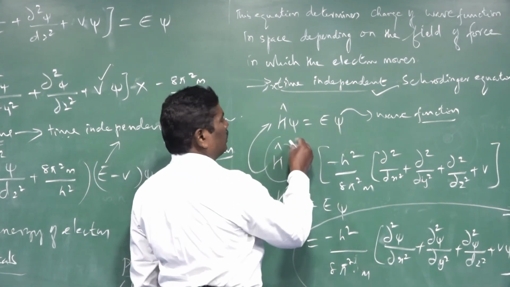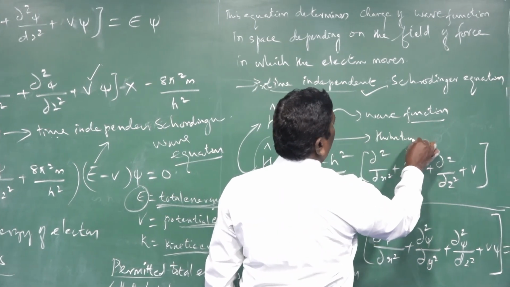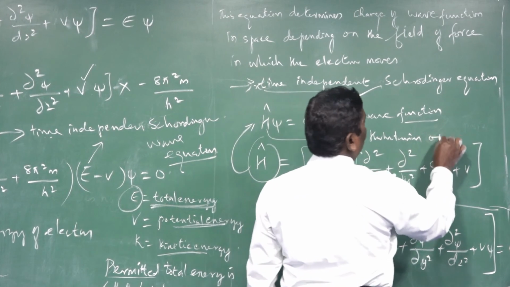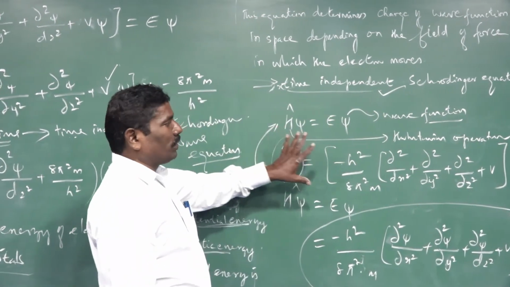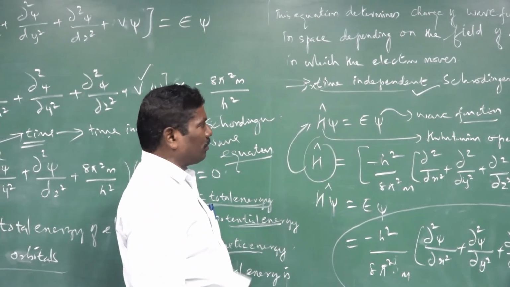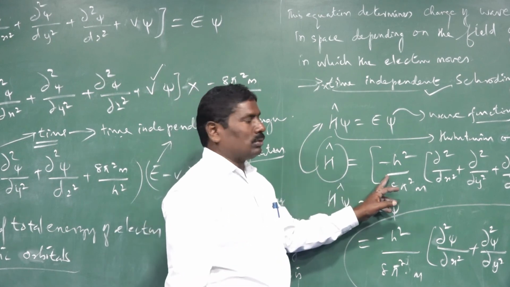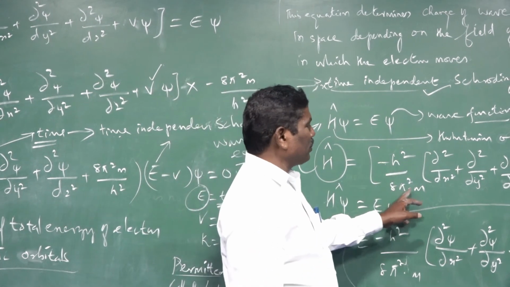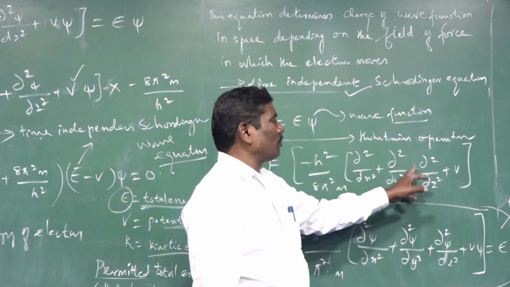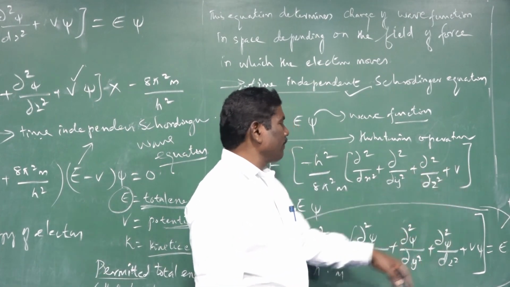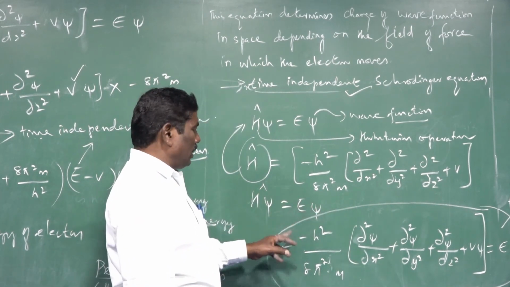Psi is the wave function and H is the Hamiltonian operator. It explains the wave functions of all electrons present and revolving around the nucleus. The H value is minus h square divided by 8 pi square m into del square by del x square plus del square by del y square plus del square by del z square, plus V. This is H cap psi is equal to E psi.